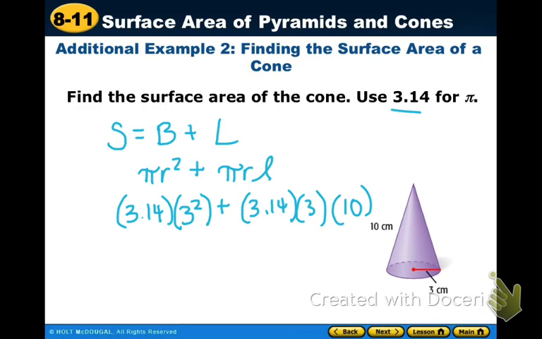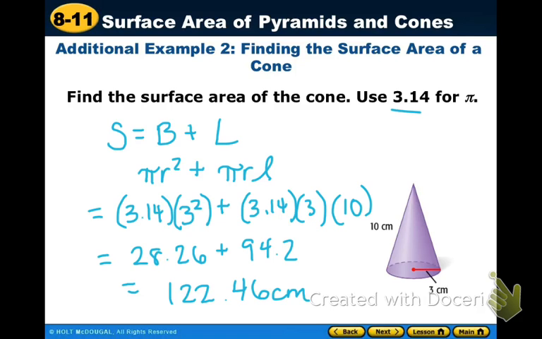If you substitute in the values after you do multiplication, you'll get 28.26 plus 94.2. And when you add them together, you get 122.46 square centimeters.